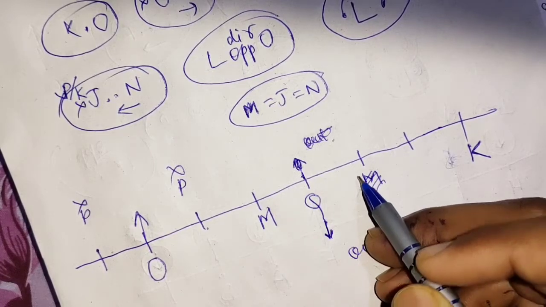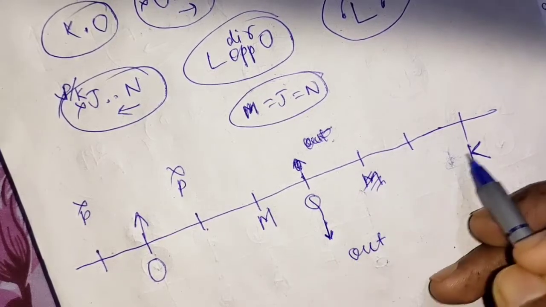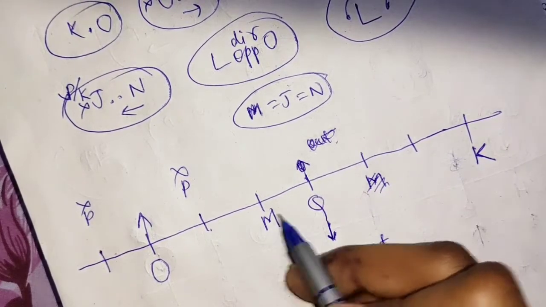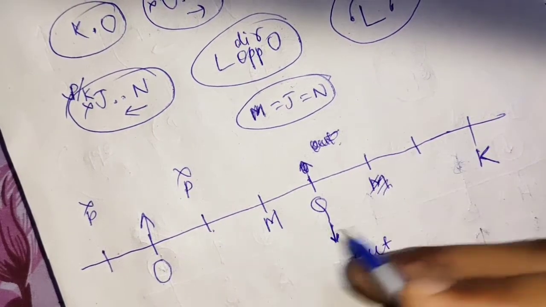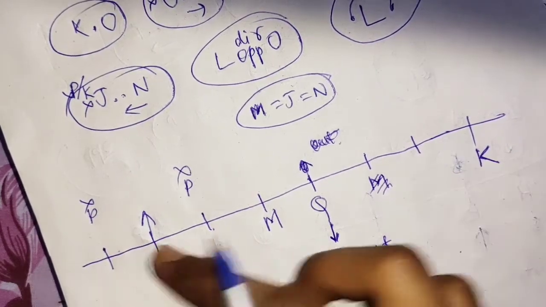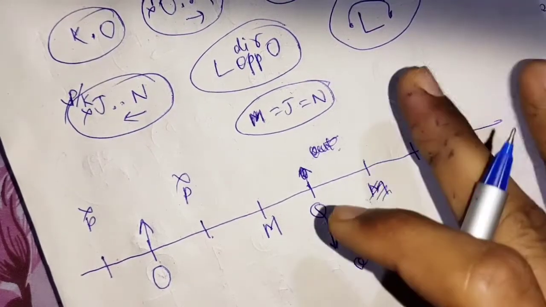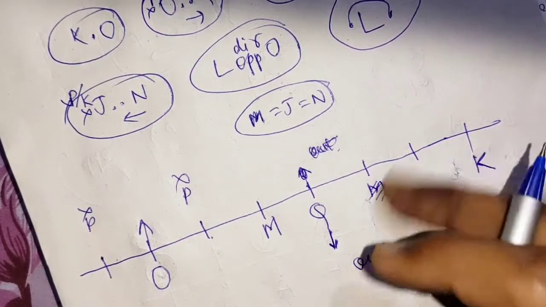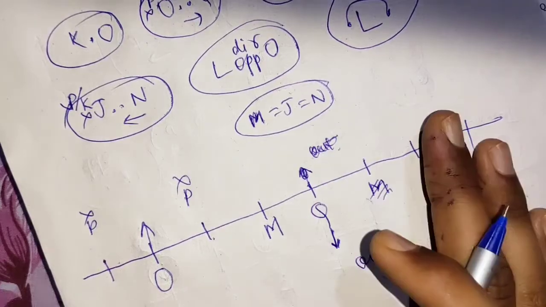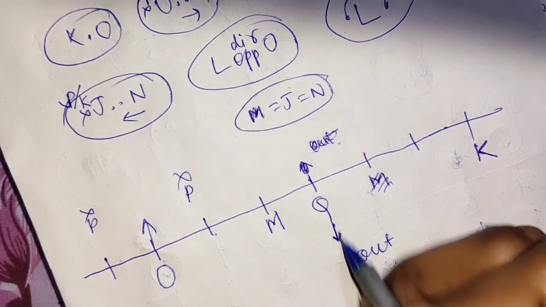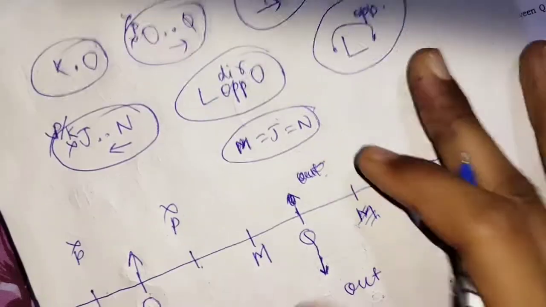So we will first solve this. If it becomes wrong, then we will try the other one. So here M is to the immediate right of Q, and Q is facing outward, and K is placed here.